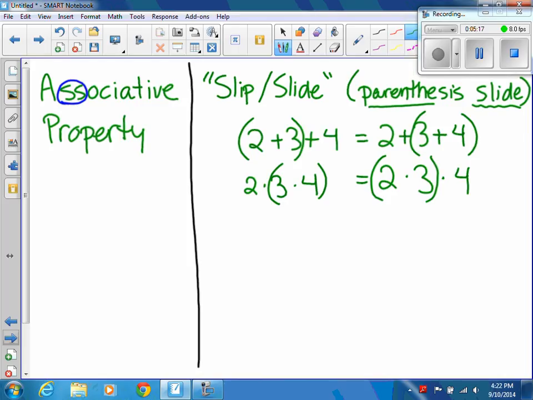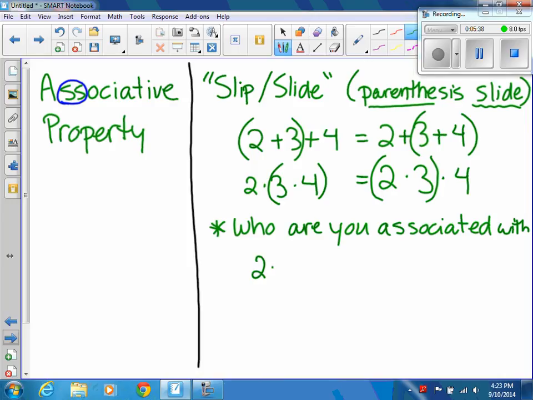Another way I like to think of it is to think of who are you associated with. For example, if we were sitting in groups of 3, maybe in this case 2 times 3 times 4, maybe 2 and 3 are going to work together in that group today, and 4 is going to be all alone that day.